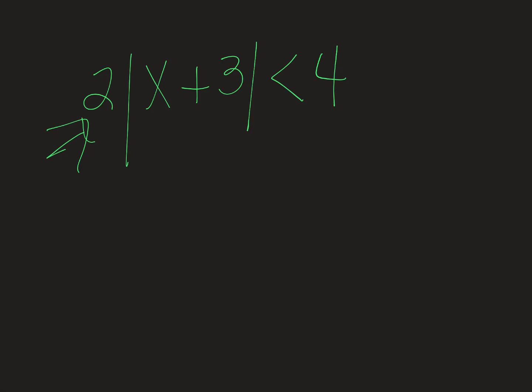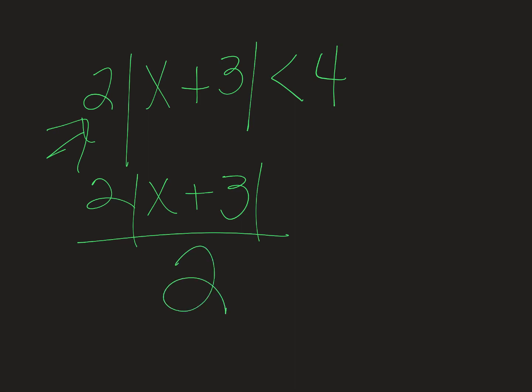Okay, the difference here is this positive 2 in front of your absolute value. So again, you're going to isolate the absolute value, and what you're going to do first is take 2 times the absolute value of x plus 3, less than 4, and divide both sides by 2.